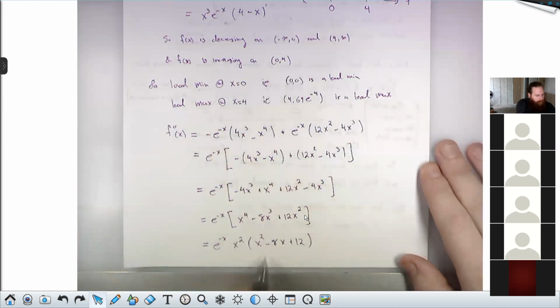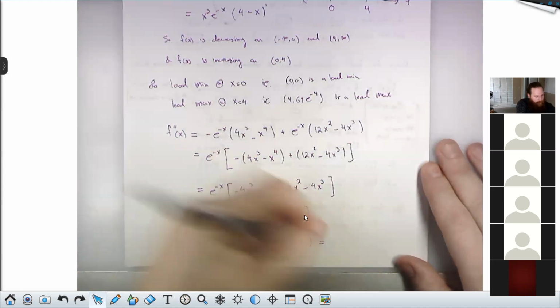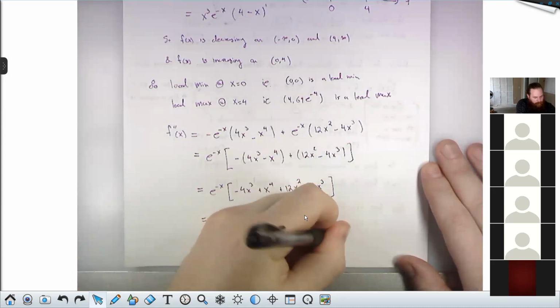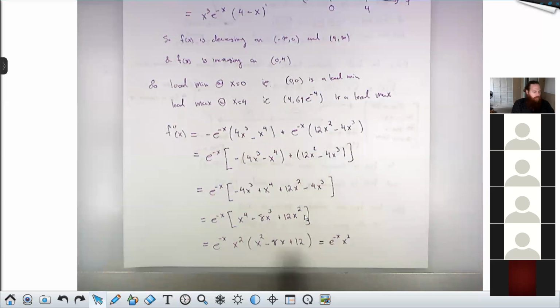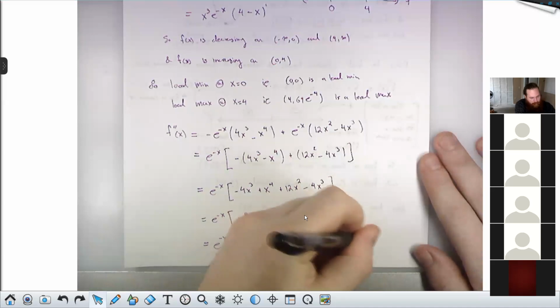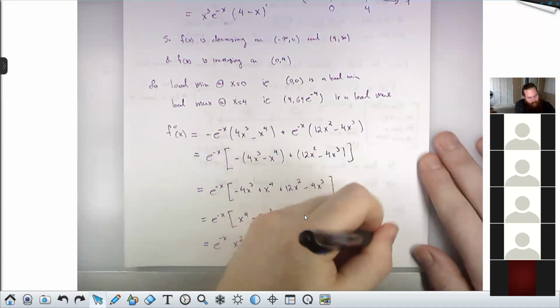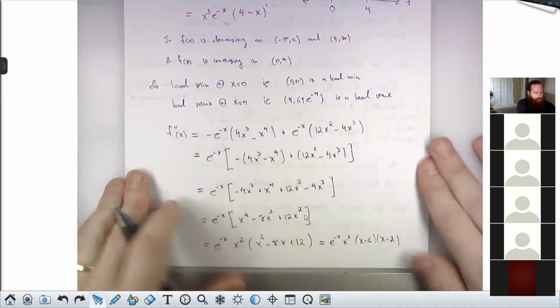And then I'd like to factor this, if I can. So that's e to the negative x times x squared. And then let's see, does that factor nicely? I need two numbers that multiply to 12 and sum to negative 8: negative 6 and negative 2. So that's x minus 6, x minus 2.